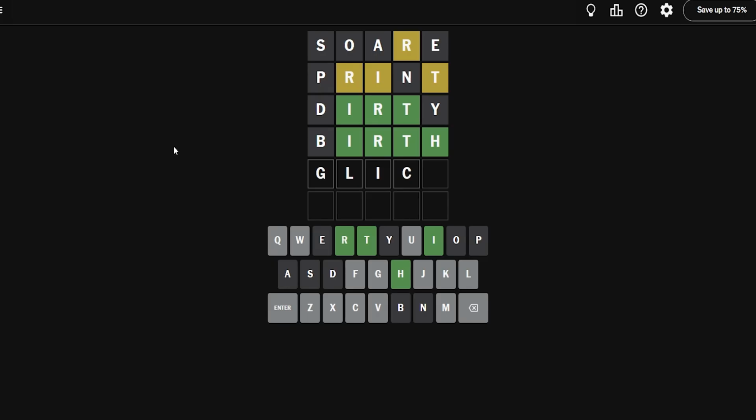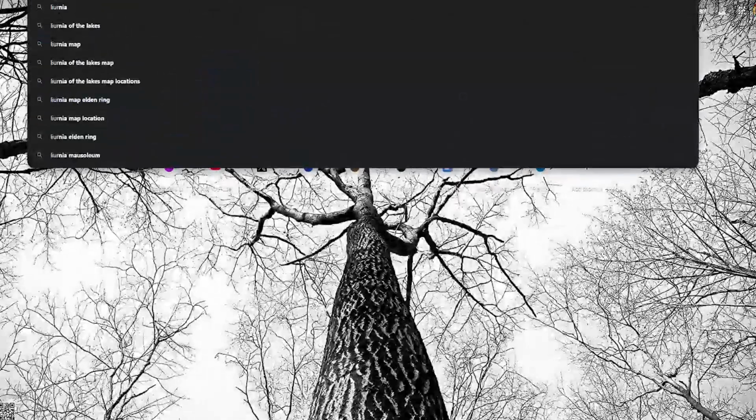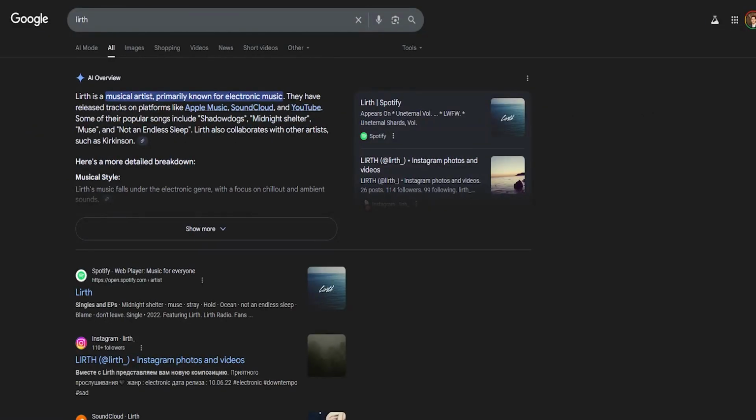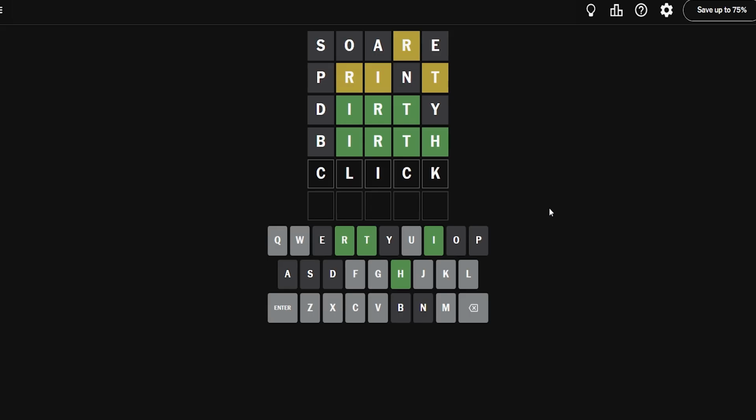GLICK. We could test this word and get rid of a bunch of the potentials. Is lurth even a word? Oh my god, it is. Yeah, if we do like this or even like that, that would get rid of a lot of potential letters. I mean, I don't think K is going to be in there, but we need GL. Maybe like glove. We can try glove. Okay, so it's gonna be like hearth maybe.